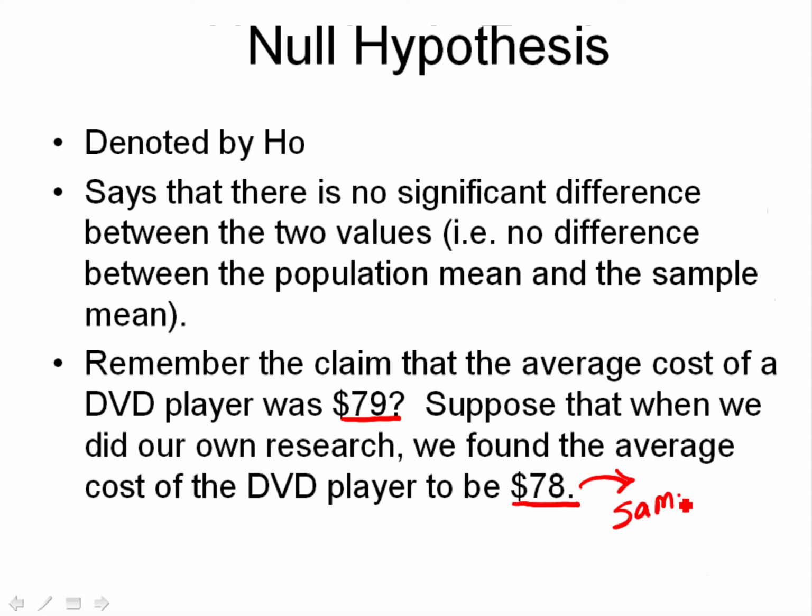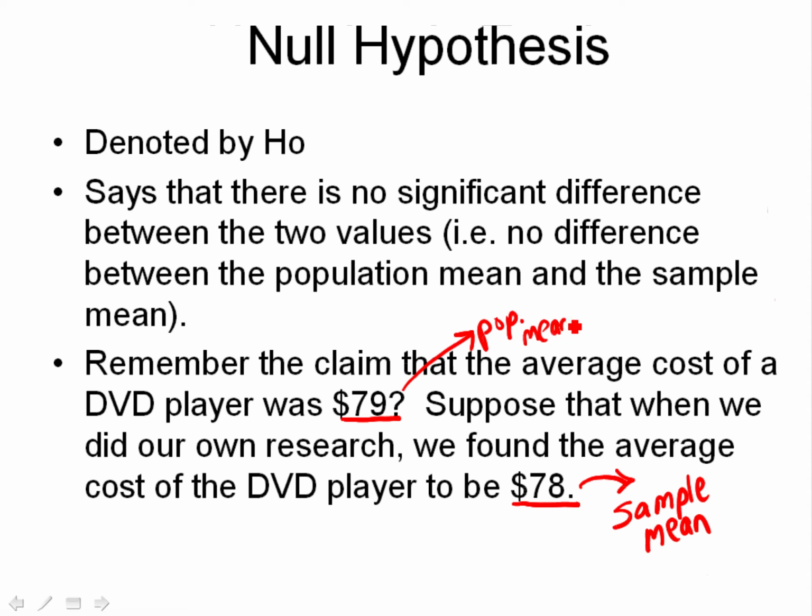And so this is the sample mean. Right, that 78 comes from our research, from our sample. That's our sample mean. The $79 is the accepted average, accepted mean. And that's going to play the role of your population mean.